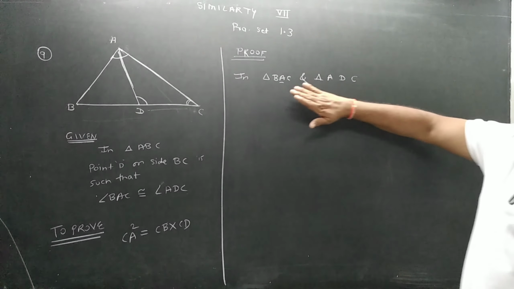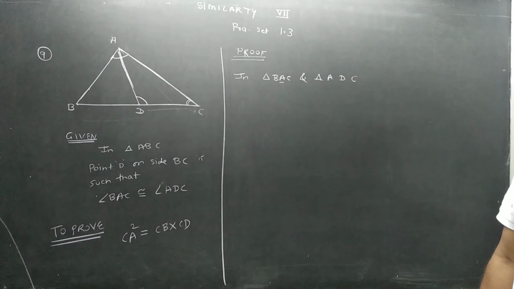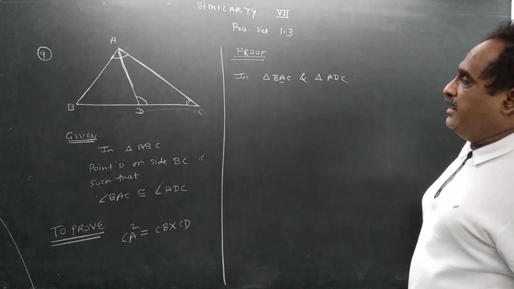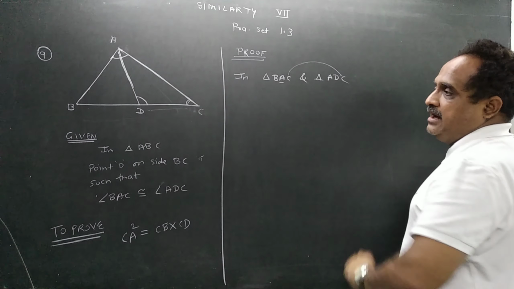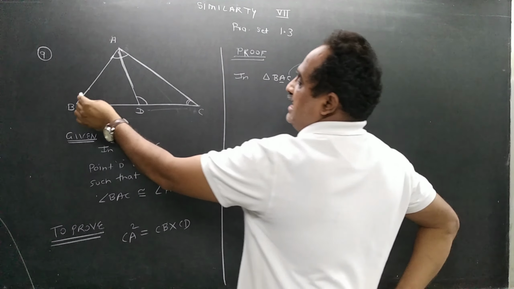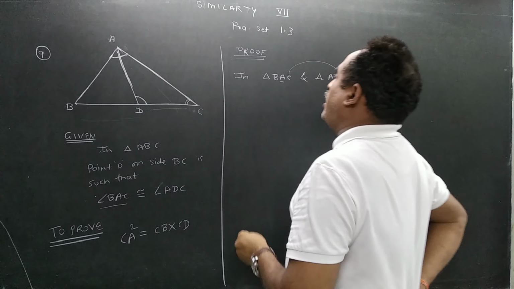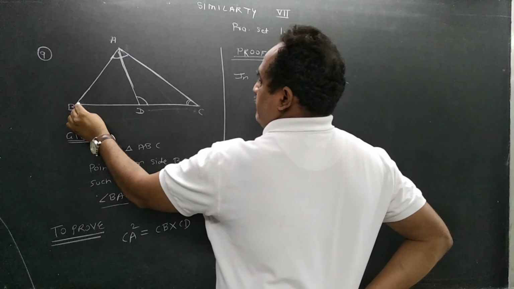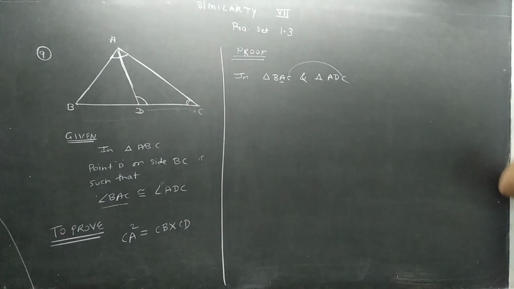So in triangle BAC and ADC, please you have to take care while taking these two triangles properly. See how I have taken C is the common angle, तो मैंने C को लास्ट में डाल दिया. इसमें एंगल BAC, और एंगल D कॉमन है, तो A के साथ मैंने D को डाल दिया, तो BAC का रह गया B और ADC का रह गया A. So this way we have to take the proper correspondence.